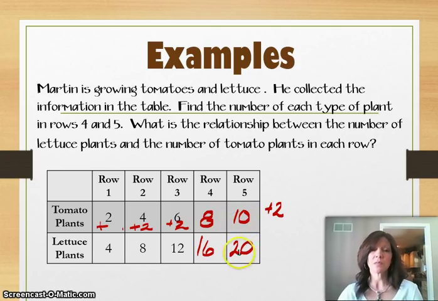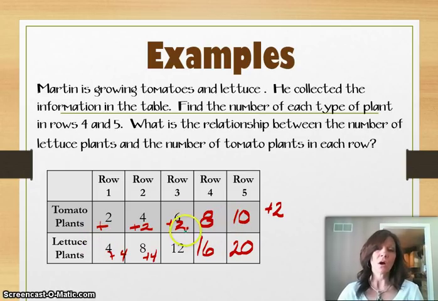So going across, this increases by 2. But the difference between the tomato and the lettuce plants is that these increase by 2 and it doubles every row. And then if you look across, this is plus 4, plus 4, plus 4 all the way across. So there's a pattern and a relationship.